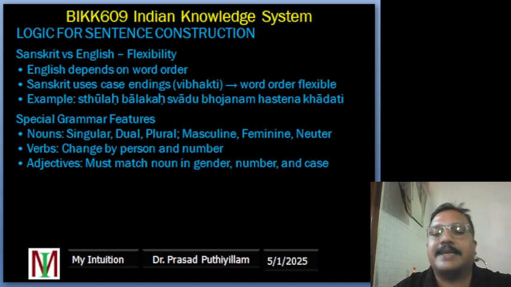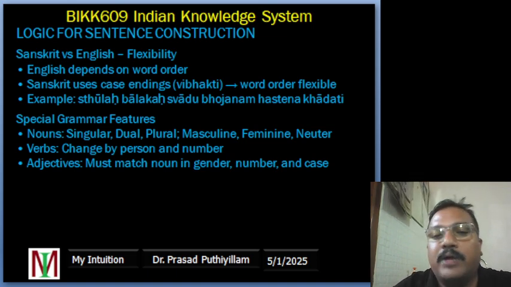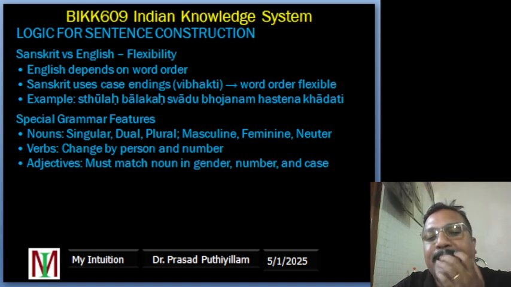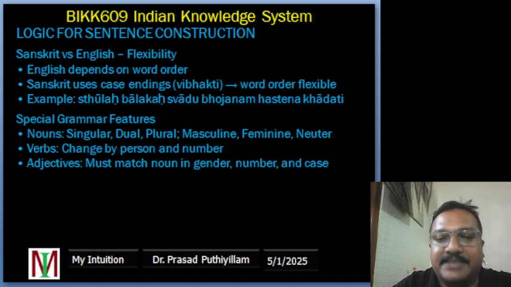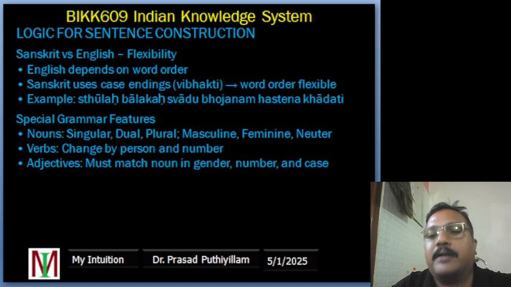Why? Because in Sanskrit, every noun has a special ending called a case suffix. These endings tell us what role the word plays in the sentence, who is doing the action, what is being done, and how.